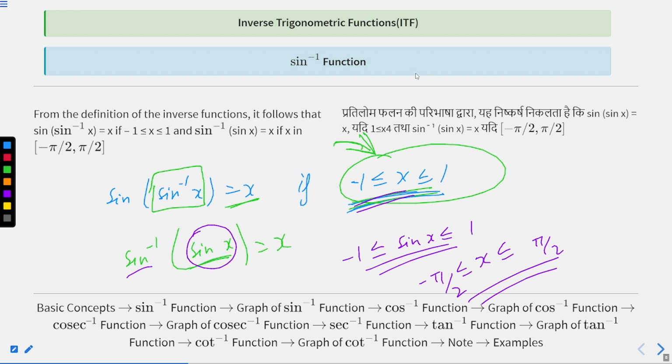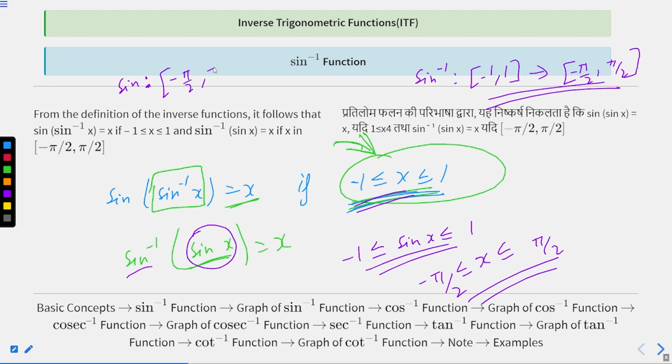Yes, because sine inverse is defined from -1 to 1 and the codomain is minus pi by 2 to pi by 2. And the sine function is defined from real numbers, but we will take minus pi by 2 to pi by 2, because in order to get the inverse function we need it to be one-one as well as onto. This means -1 to 1.